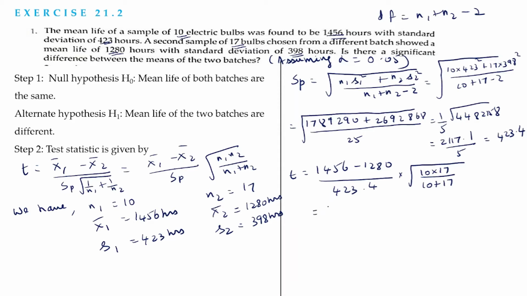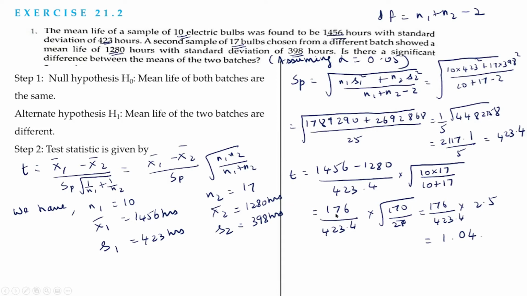So this is equal to 176 upon 423.4 into root of 170 upon 27. When we simplify, we get this as 176 upon 423.4 into 2.5. So this is approximately equal to 1.04. So we get the calculated t value as 1.04.